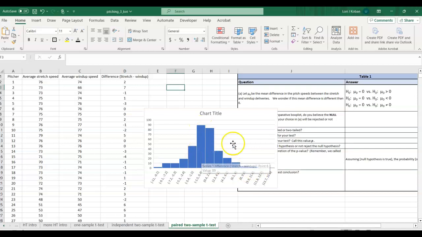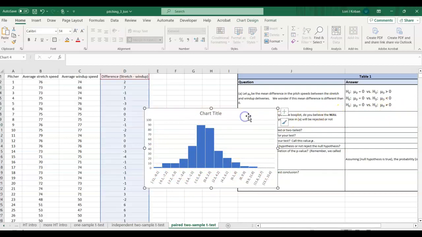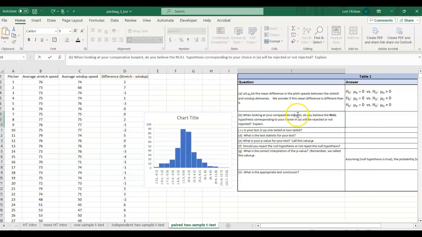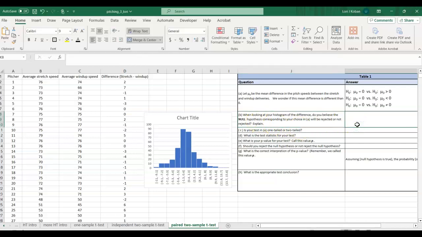It's not convincing. I don't see any convincing evidence that the mean is different than 0. So my guess, based on our histogram of the differences, is that we are not going to reject the null hypothesis.